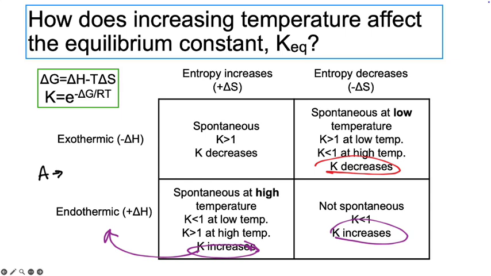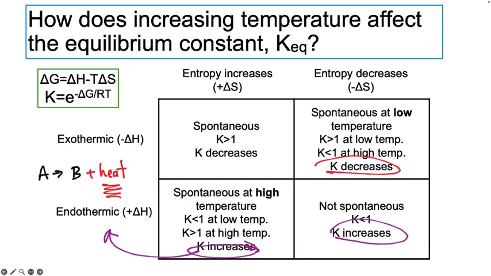A goes to B, right? Chemical reaction. If it's exothermic, where would I write a heat term? If I increase the heat, we're putting a stressor on the system.